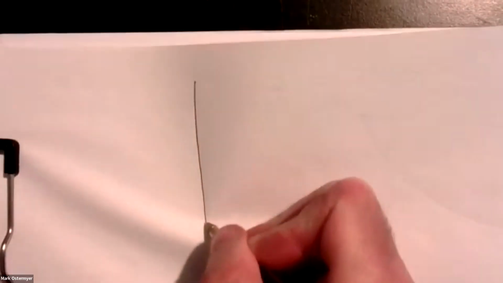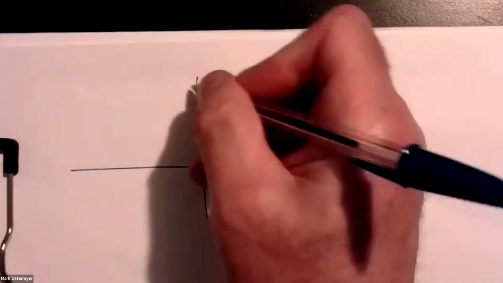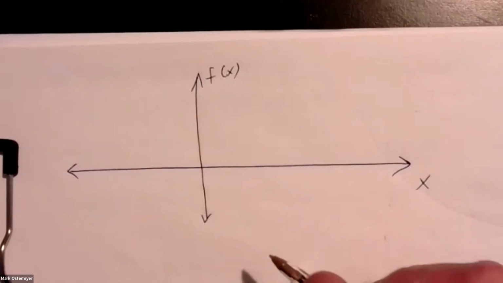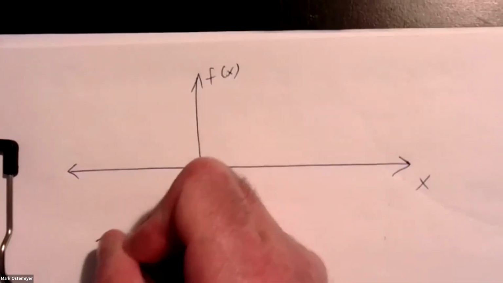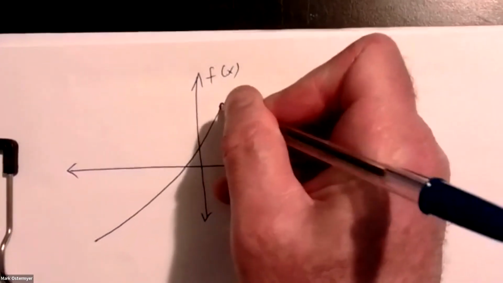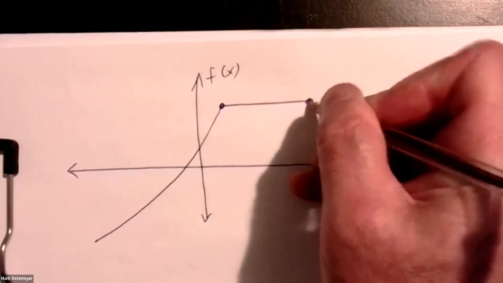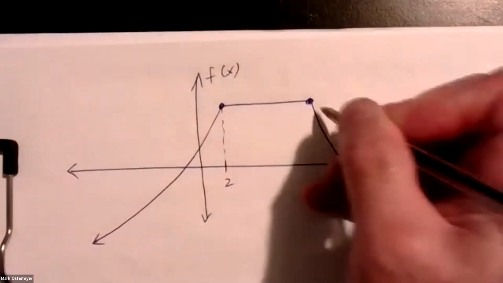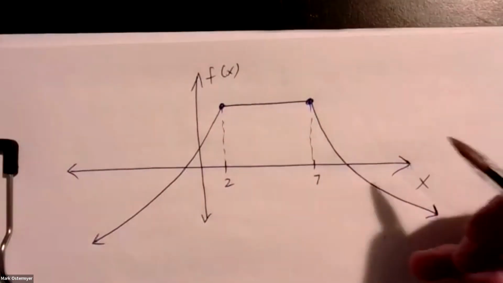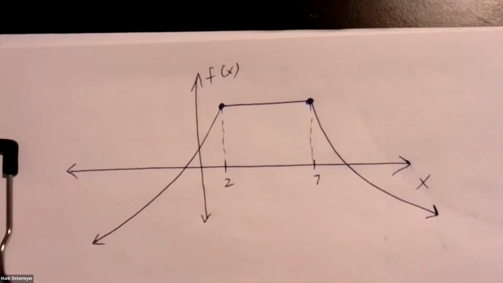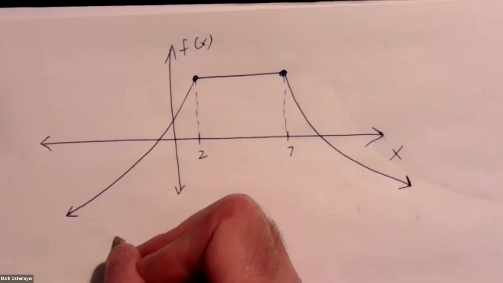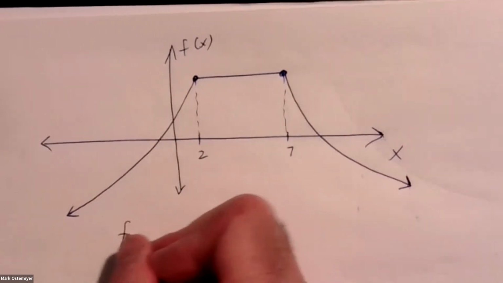All right, let's look at a particular example here. Suppose that I have the graph of a function that looks like this. All right, and so, ladies and gentlemen, I have a graph of a function, and I am interested in indicating what intervals this function is increasing.